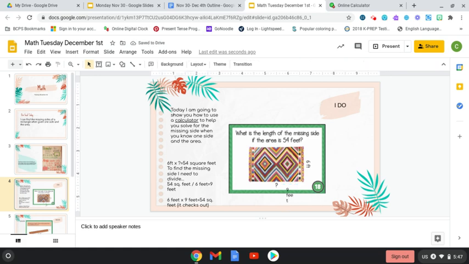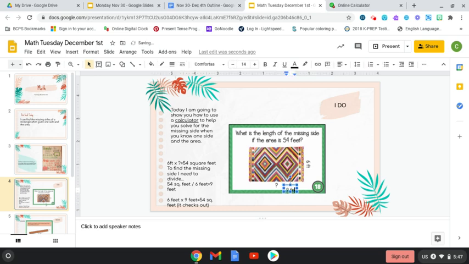Let's put FT, it's easier. FT is an abbreviation for feet. So that's really what that question mark is: 9 feet, because 6 times 9 equals 54, which is your area.